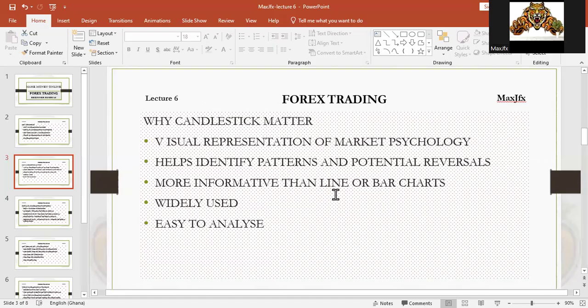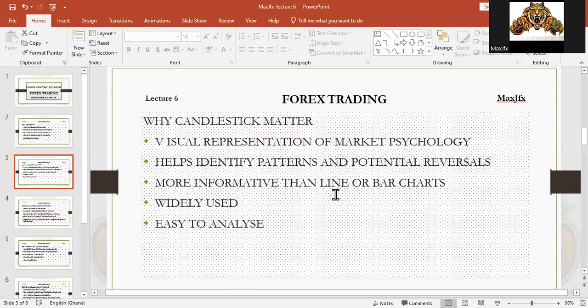A lot of traders use candlestick charts because they give more information on what is going on in the market. A line chart doesn't give you that, because a line chart is basically the line of the close prices over a period of time. Do you get it?